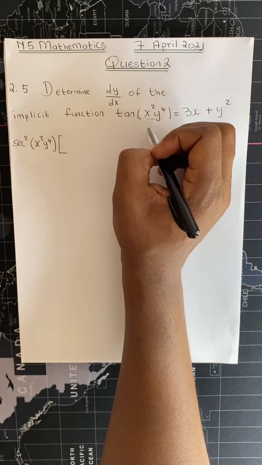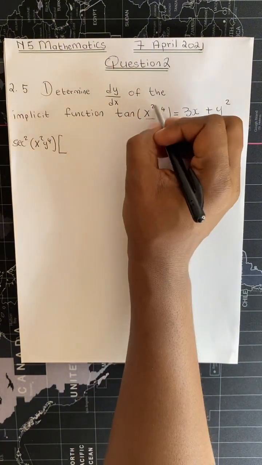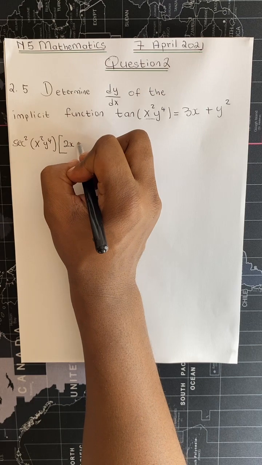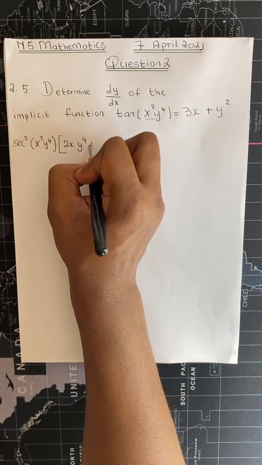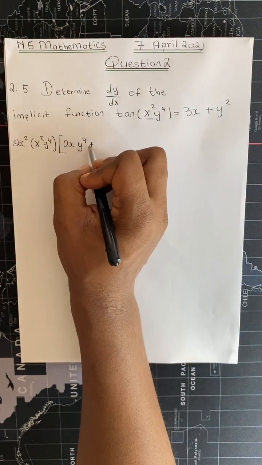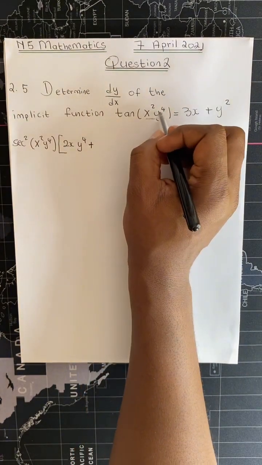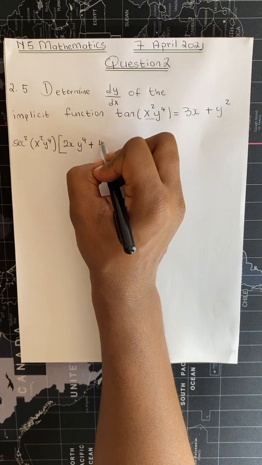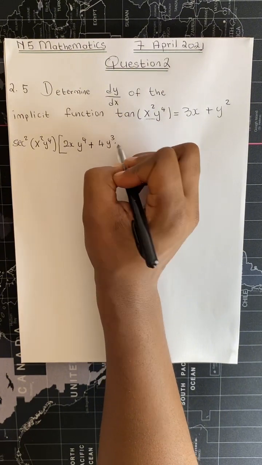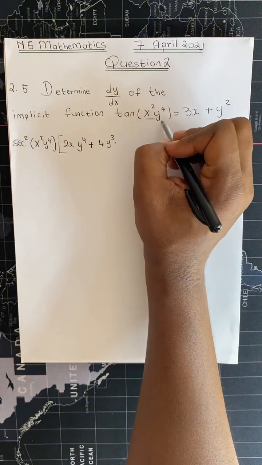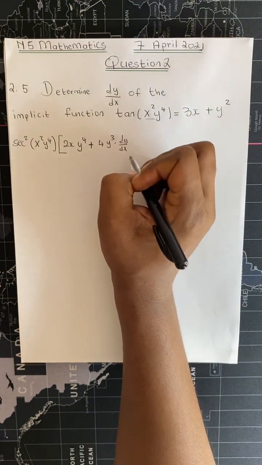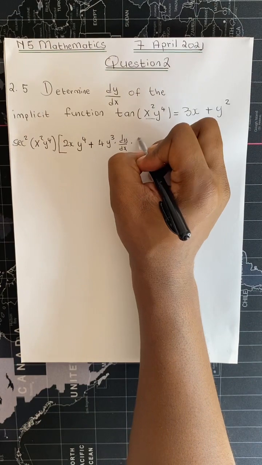The derivative of x squared is 2x, and we multiply this by the y to the power 4, and we derive the y to the power 4. But each and every time when we differentiate anything which has y, we also have to introduce dy over dx, and we have to multiply it by the x squared.